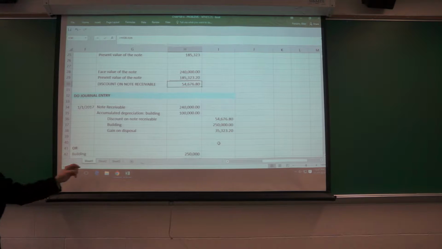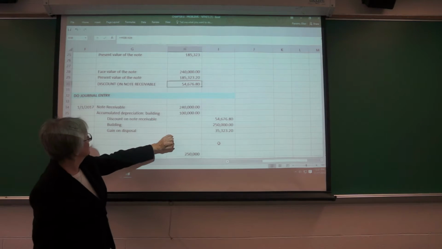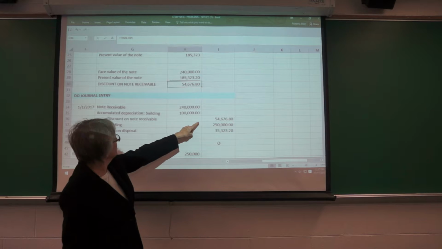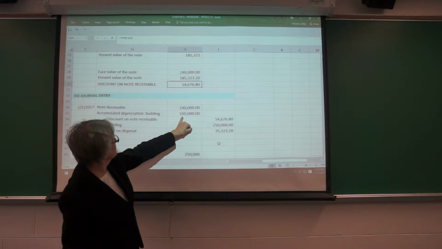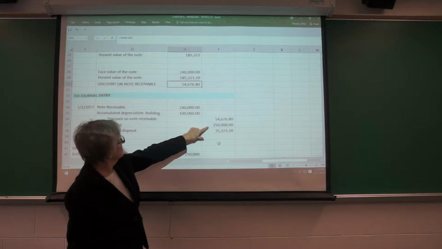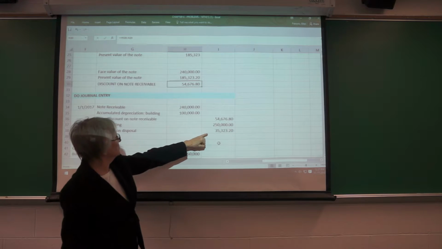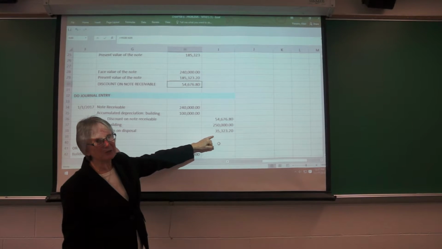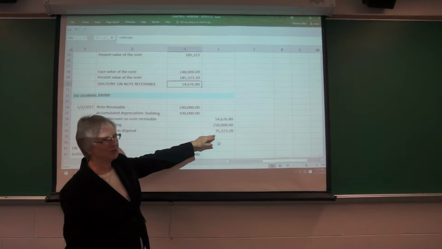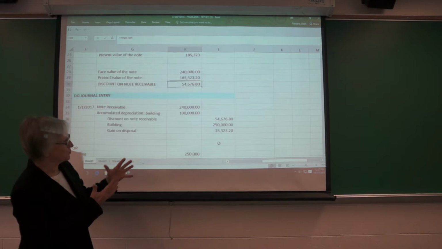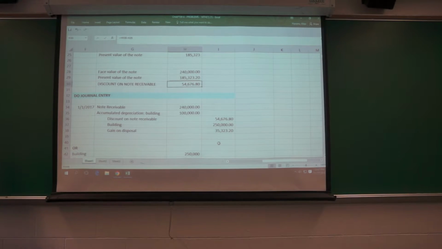We've got our note receivable here for the $240, and then the discount on the notes receivable here. We've got the accumulated depreciation that comes off the books. We've got the building, and then we basically plug the gain on the disposal to make everything add up. So this would be the answer to the question, and that's what you have to do to get there.